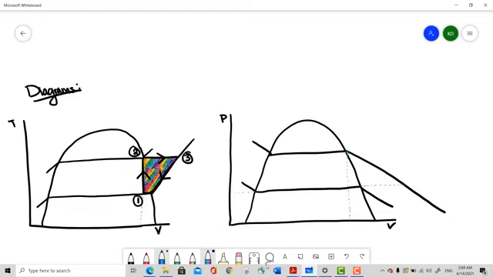Okay, and so right here is where our process or our cycle 1 to 2, 2 to 3, and 3 to 1 is. And then this is it just represented on the PV and TV diagram.